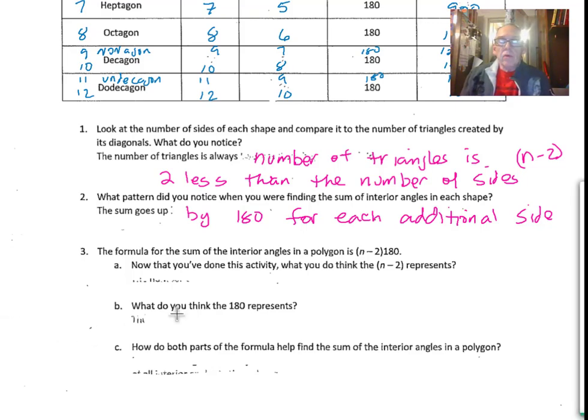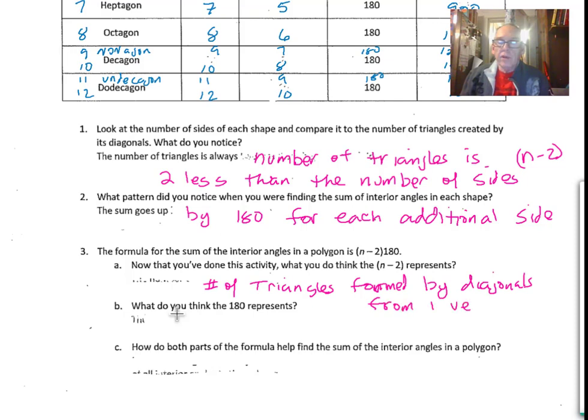Now that you've done this activity, what do you think the n minus 2 represents? Well, it's the number of triangles formed by diagonals from one vertex.